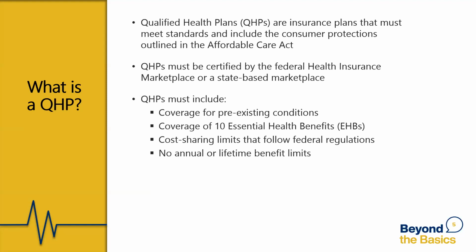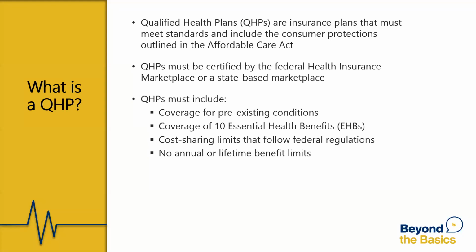QHPs must include coverage for pre-existing conditions, and they must cover the 10 essential health benefits. QHPs must also have cost-sharing limits that follow federal regulations, and they must not have any annual or lifetime benefit limits.